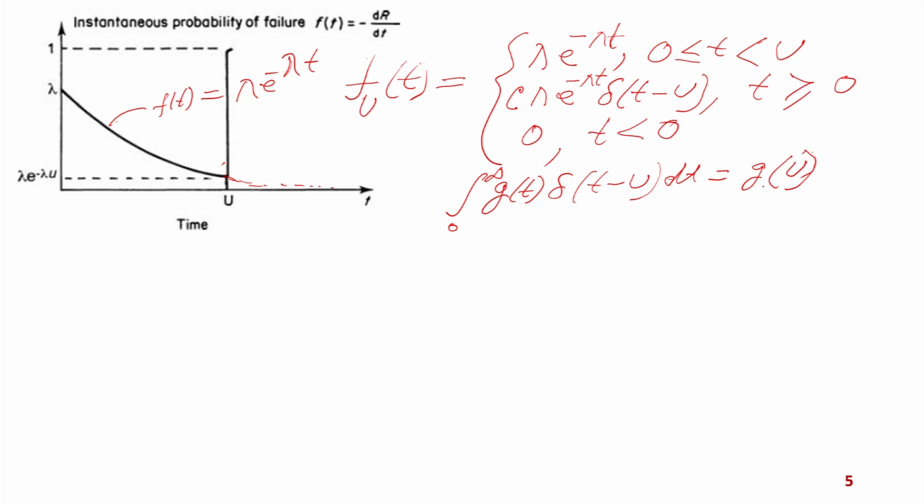At t equal to u this value is 1, and at all other points the value of the Dirac delta function is 0. So, I can write it like that.